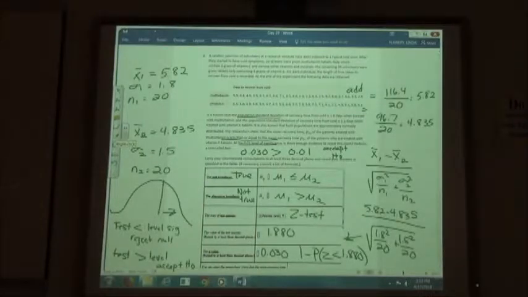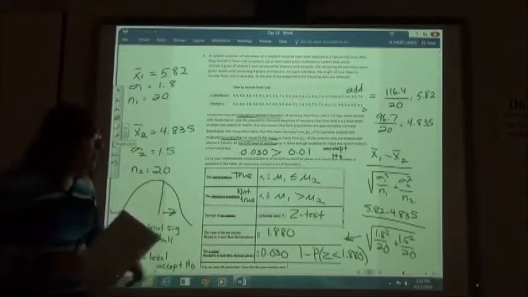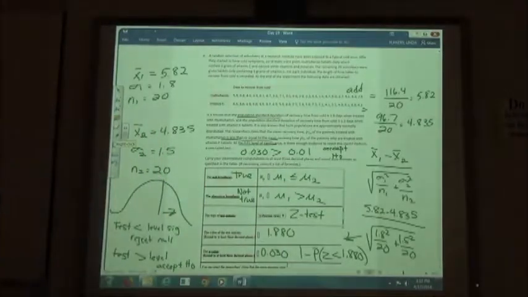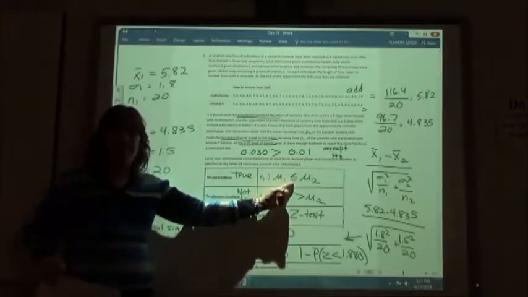Can we reject the researchers' claim that the mean recovery time when treated with a multivitamin is less than or equal to the mean recovery time when treated with the vitamin C only? Can we reject the claim that it is less than or equal to? Can we reject this?